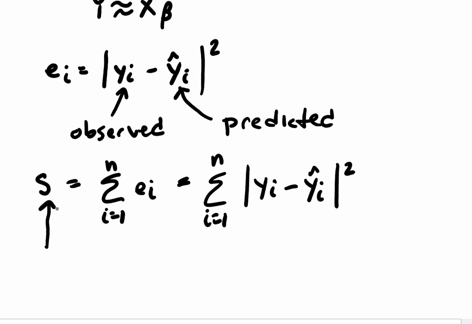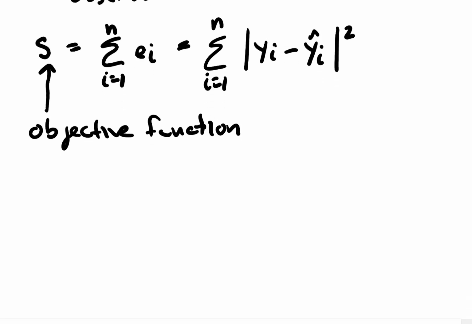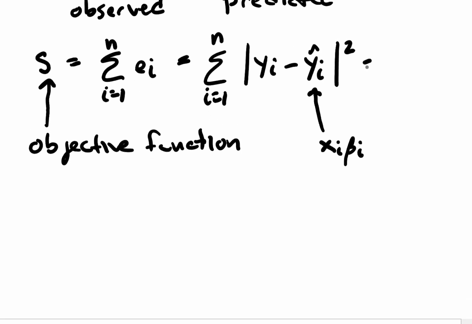And I just want to point out this S is called the objective function. That's basically just terminology from optimization problems, which is what we're doing with this. So then this is equal to the norm of y minus x beta, squared.